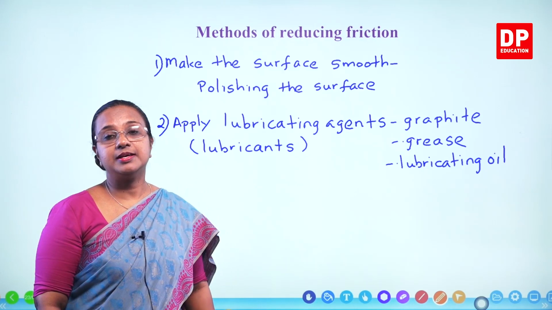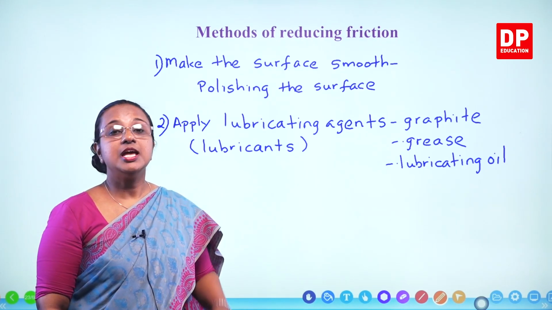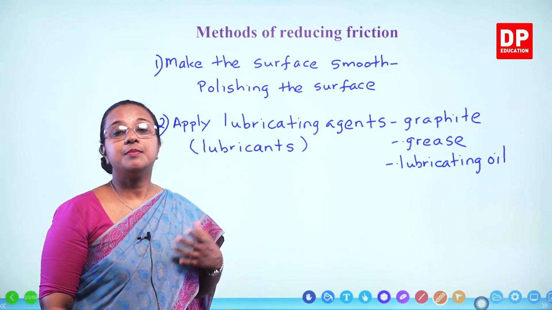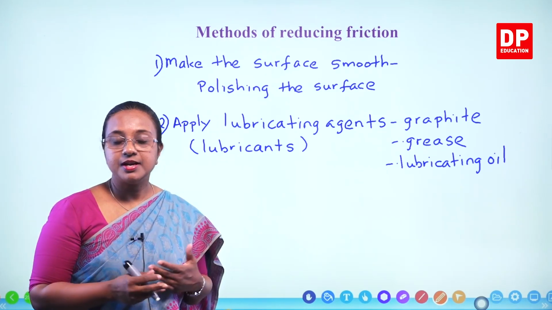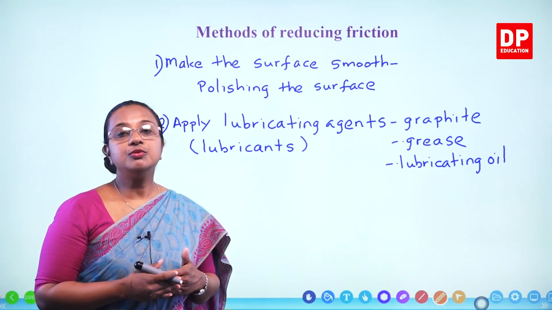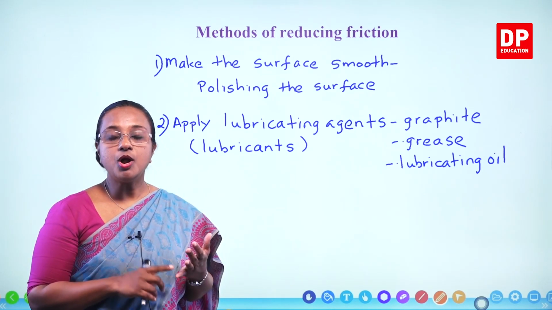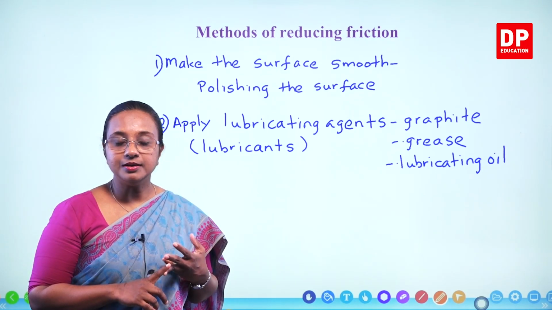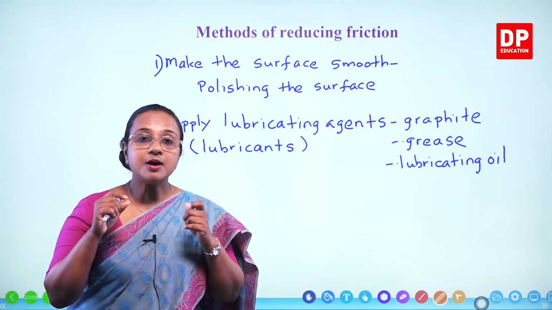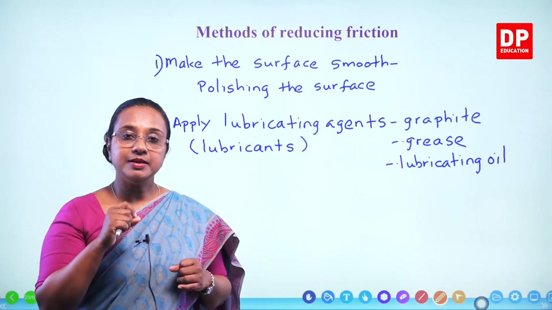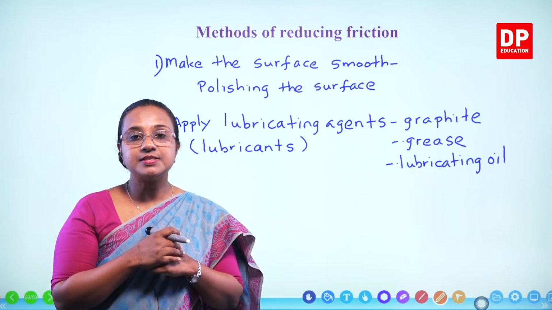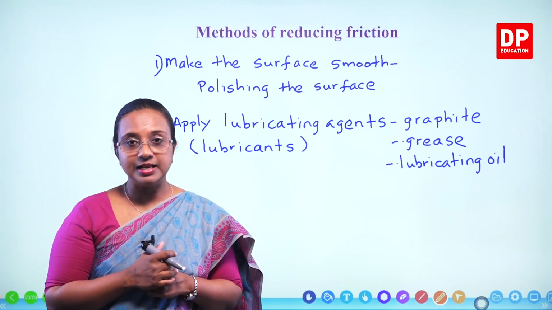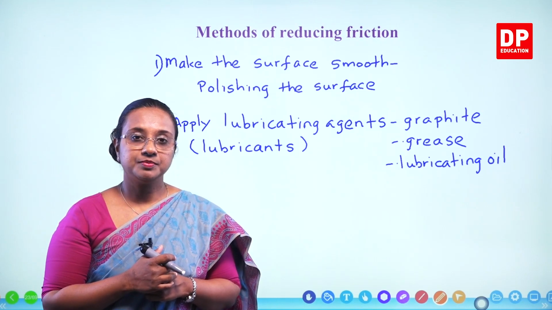The third method of reducing friction is to insert bearings. It can be of different types. Two common ones are ball bearings and roller bearings. Ball bearing means balls inserted between surfaces that are moving relative to each other.